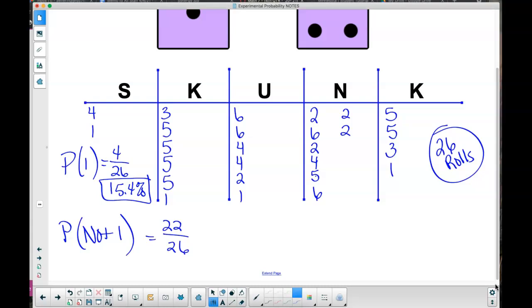And 22 divided by 26 is 84.6%. So that means if I were to roll the die 100 times, almost 85 times out of that 100, it wouldn't be a 1. That's a pretty good chance, right?